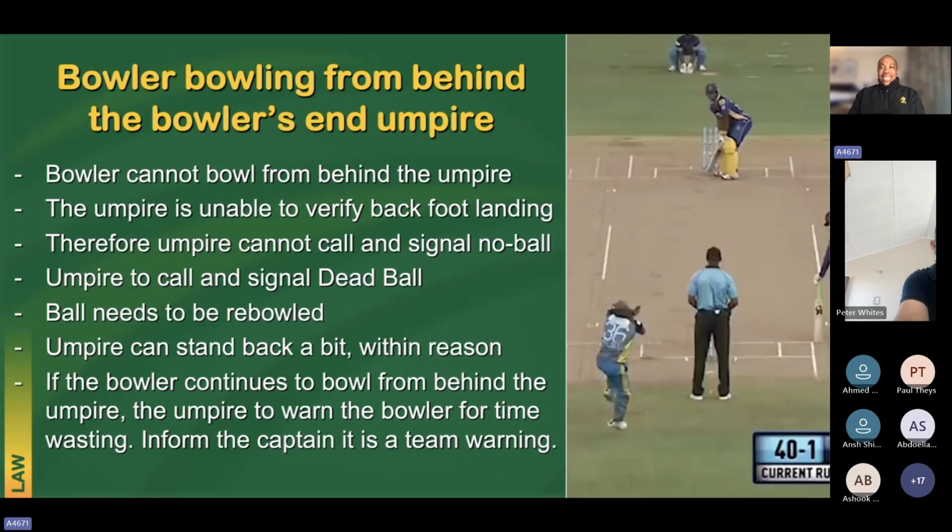So you can see in the screenshot on the right of the screen, there is Tino Best in his bowling action already, and he's probably a good 6 meters behind the popping crease, and he's also a meter behind the bowler's end umpire. So, is this allowed? What would you, as the bowler's end umpire, signal, if anything? Let's watch the video, and I will talk you through it afterwards.